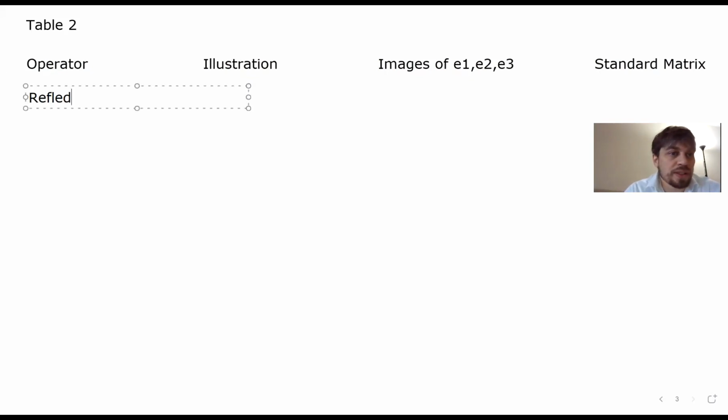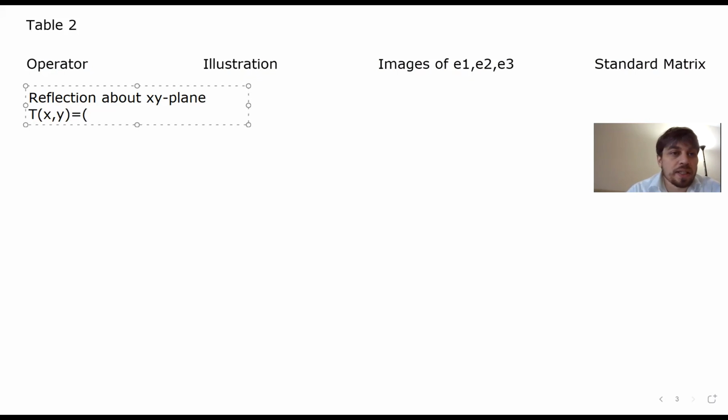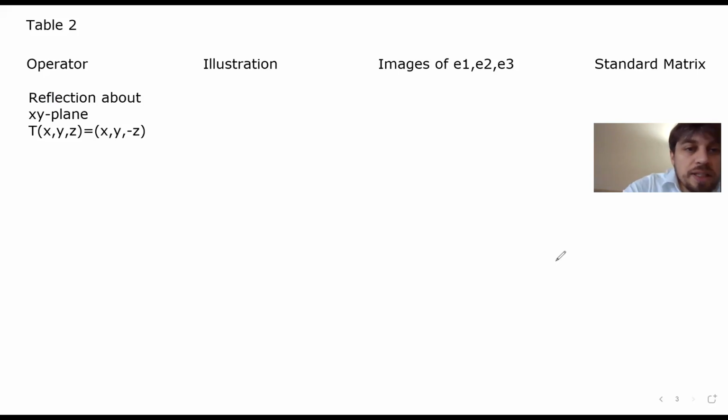First let's have a reflection about the xy plane represented by T of x, y, z equals x, y, negative z. So reflection about the xy plane. Now we're in 3-space.